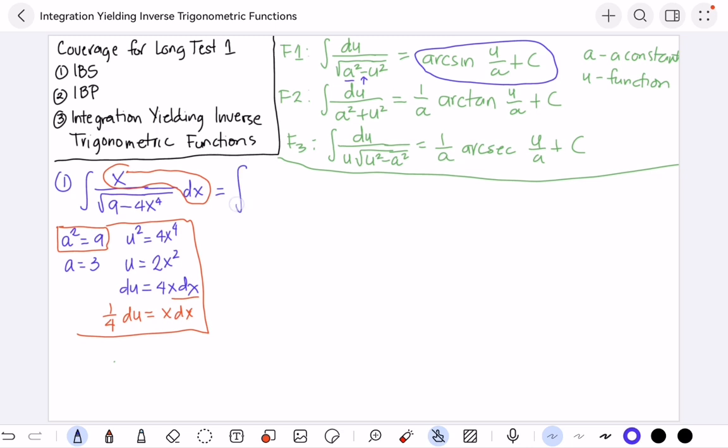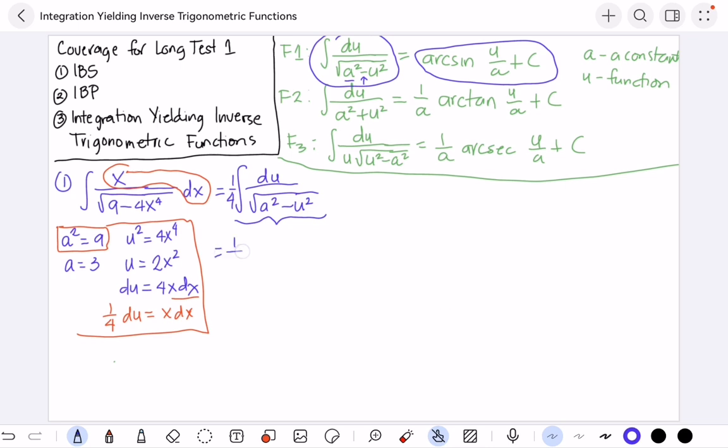So I have integral of x dx is 1/4 du over the square root of 9, which is a square, minus 4x to the 4th, which is u square. If you look at this part here, it's exactly formula 1, so therefore we can use the formula.